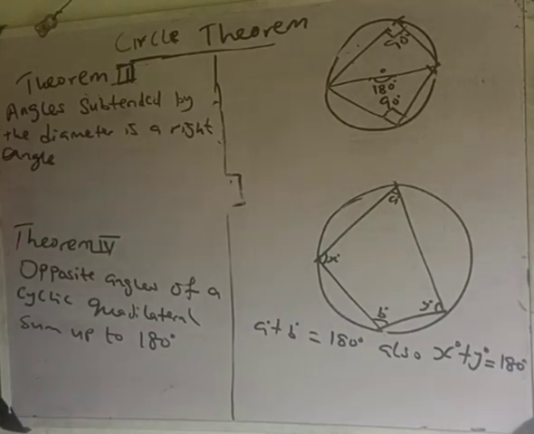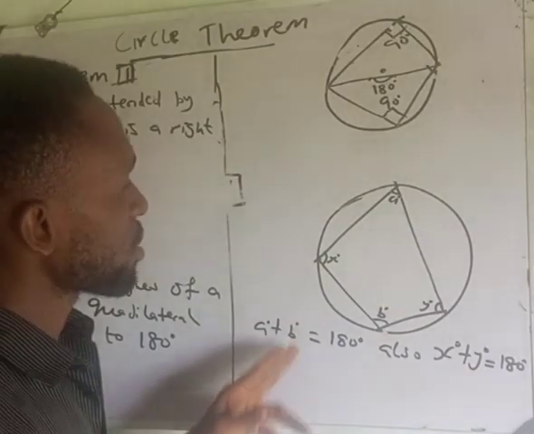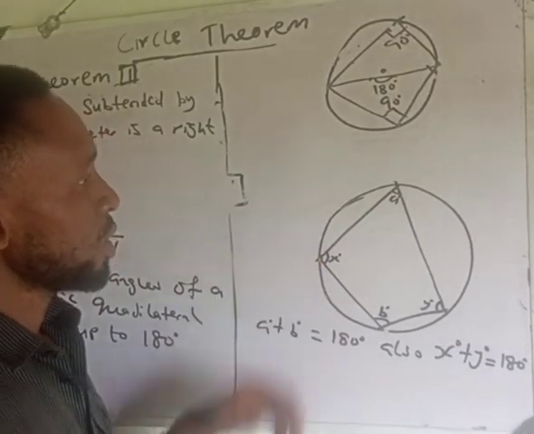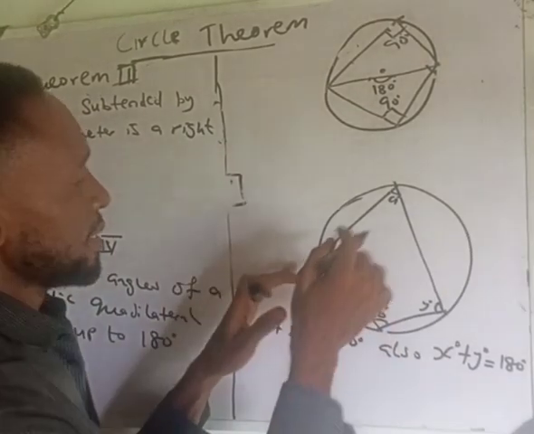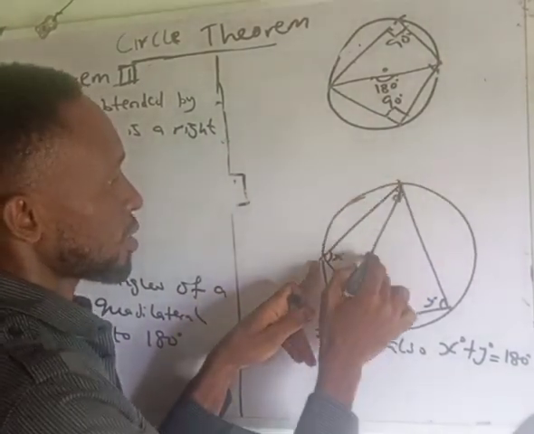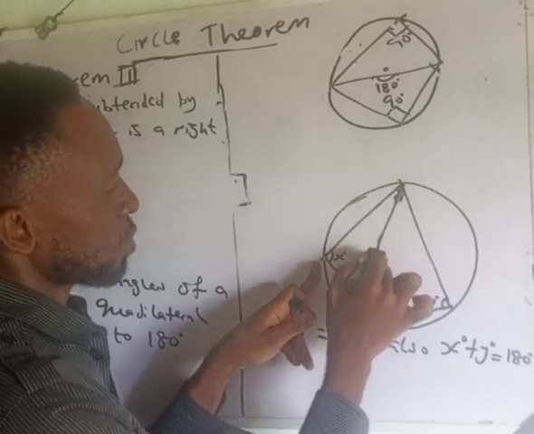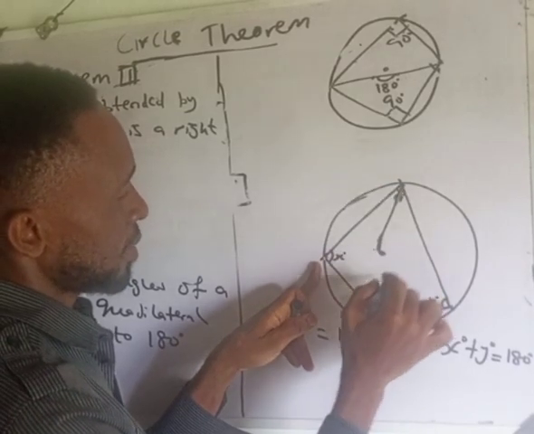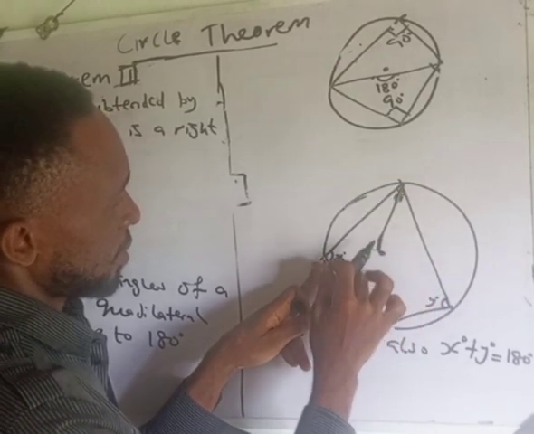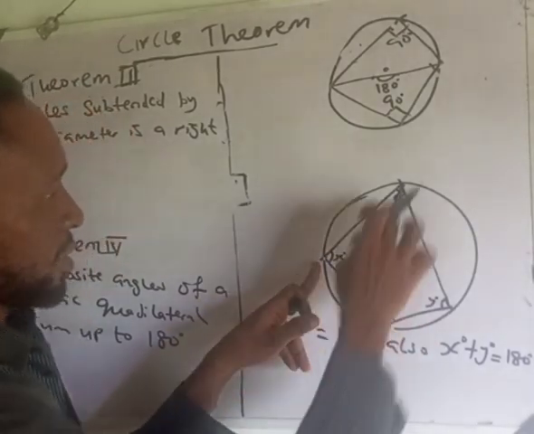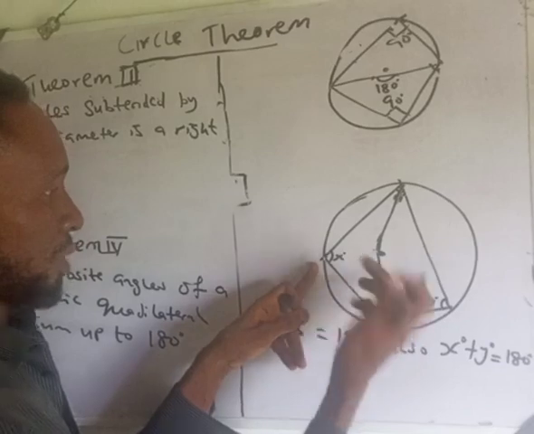Why is it so? Now let me show you why it's so. Because this angle right here, let's say this angle subtends something. Let's say this is the center of the circle, right? This angle subtends something here and here, right? Remember, there's a chord here, for instance.